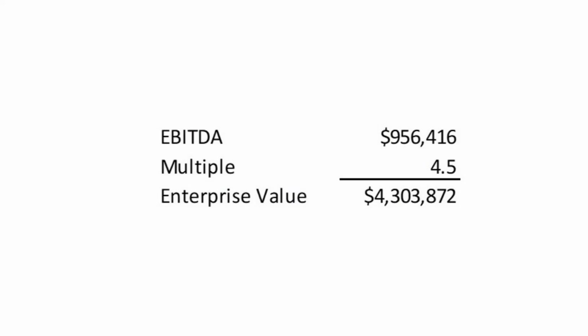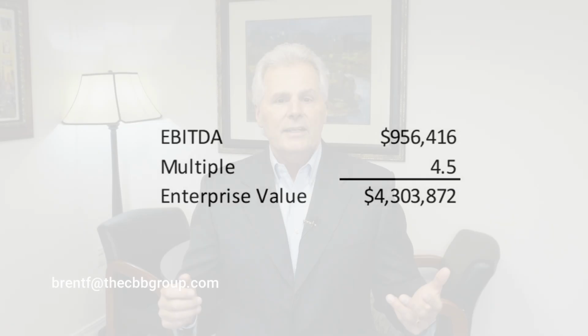And again, looking at the characteristics of the EBITDA, the company, the revenue, and the segment that it's in, I'm going to use a revenue multiple of 4.5 to calculate the enterprise value, which would be $4,303,872.